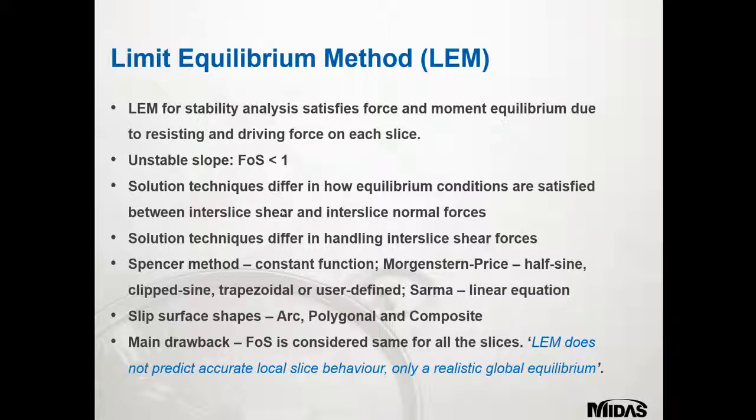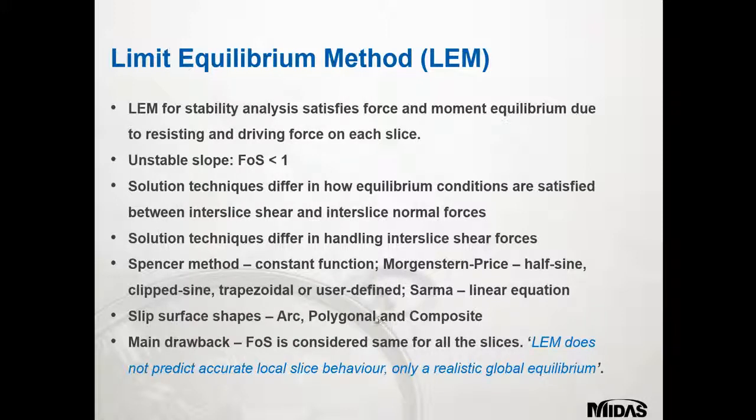Another major difference comes in the form of how interslice shear forces are handled by the solution techniques. For example, the Morgenstern-Price method has different functions to define the orientation and location of interslice shear forces. So the half-sine means that the interslice shear force is concentrated on the middle of the slice. Slip surfaces could either be the arc type, polygonal type or composite.